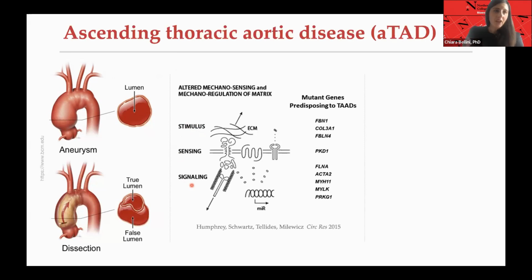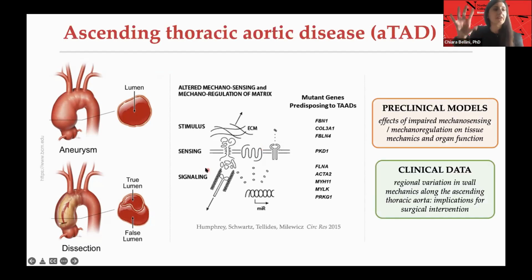So building upon this observation a few years ago, Jay, Diana, and others have suggested that thoracic aortic disease may be linked to impaired mechanosensing and mechanoregulation of the extracellular environment, by what we think is the functional unit of the media, which is composed of the elastic fibers and the contractile smooth muscle cells.